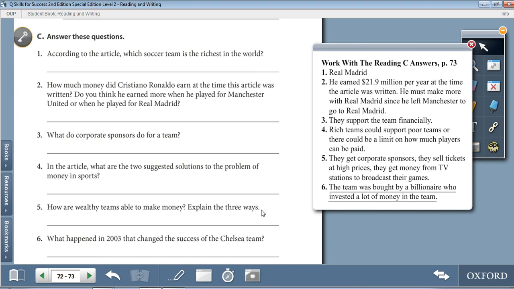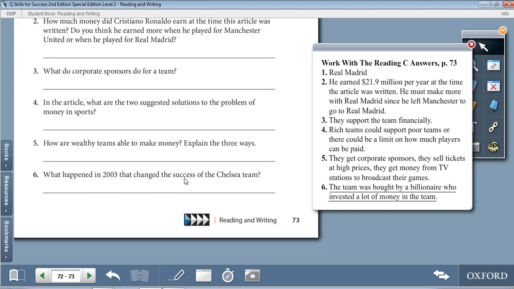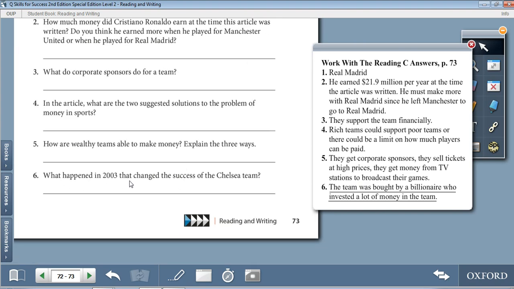Explain the three ways. They get corporate sponsors, they sell tickets at high prices, they get money from TV stations to broadcast their games. And 6. What happened in 2003 that changed the success of the Chelsea team? The team was bought by a billionaire who invested a lot of money in the team.